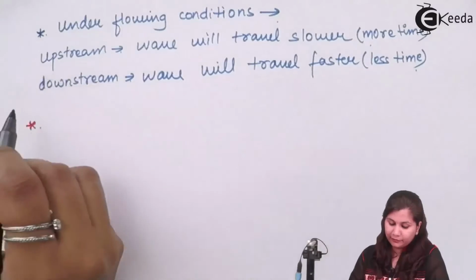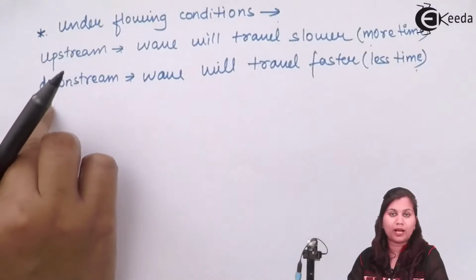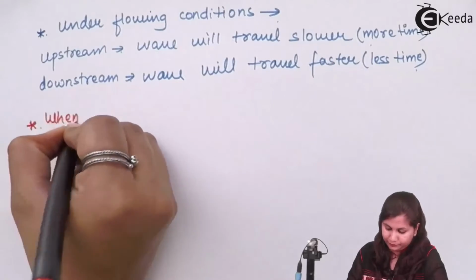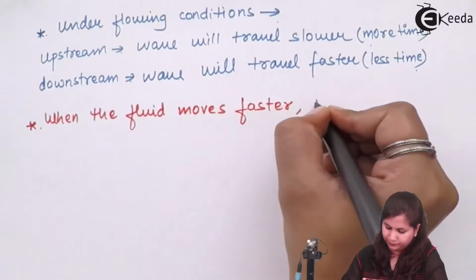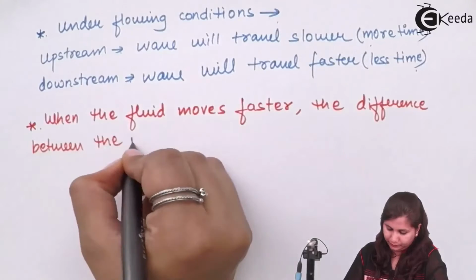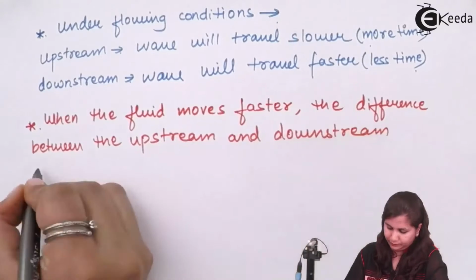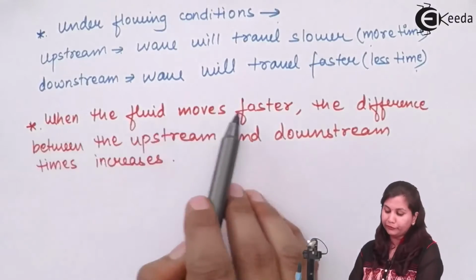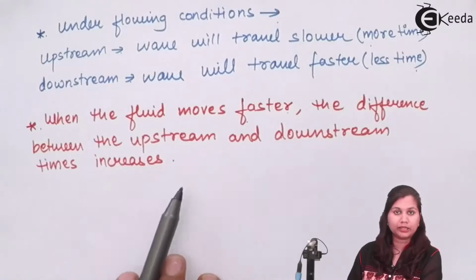Now, as the fluid moves faster, the difference between the upstream and the downstream conditions also increases. So when the fluid moves faster, the difference between the upstream and the downstream time increases.